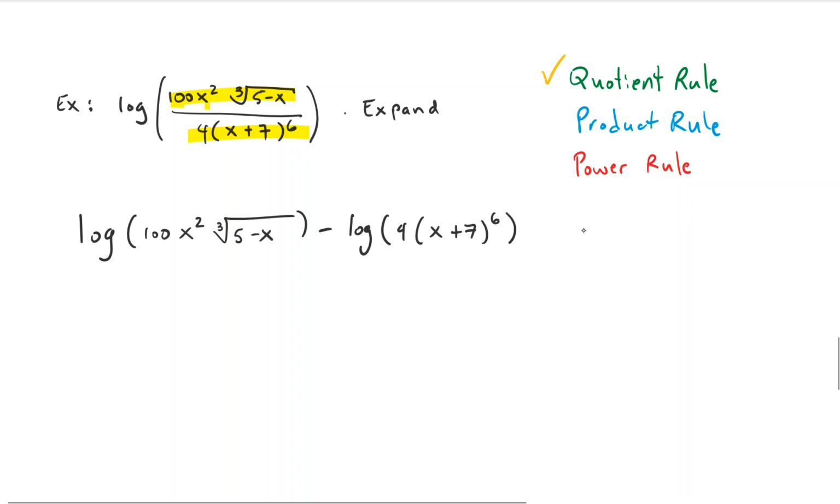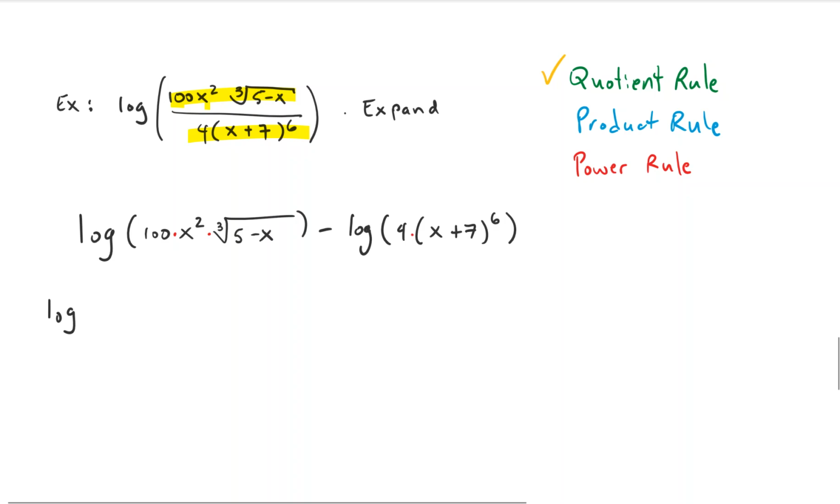Let's see, we're going to use the product rule a bunch of times here. In the product rule, we've got 1, 2, 3 things there. Here we've got 2 things there. So let's start. Log of 100.